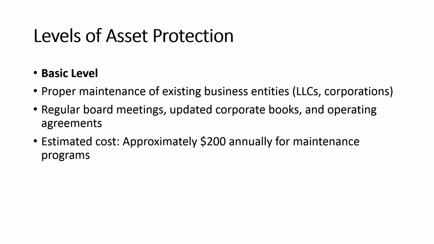This is 100% completely wrong. You require regular board meetings, and you have to update corporate books and operating agreements. This service can be contracted out at an estimated cost of approximately $200 US annually per year for maintenance programs, or you can simply do it yourself.